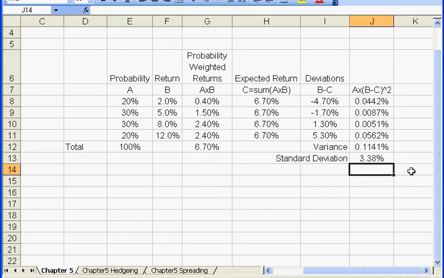It is the square root of the variance. And now you can see the standard deviation is 3.38%. It's in the same unit as these random returns or the expected returns, right? The variance itself is 0.1% something. It's too small to figure out.